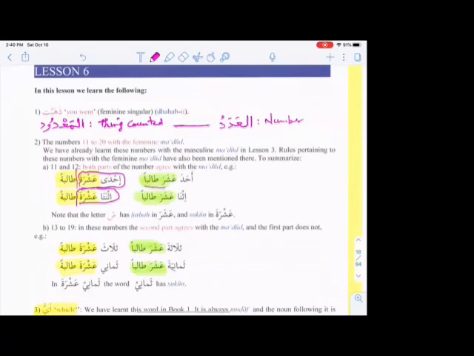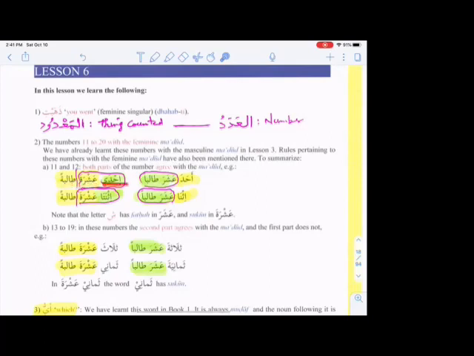This is a compound word, 11 to 19. Now, there are 2 parts in the number. So this is what happens, my brother and sister, that the second part matches with the ma'dud.